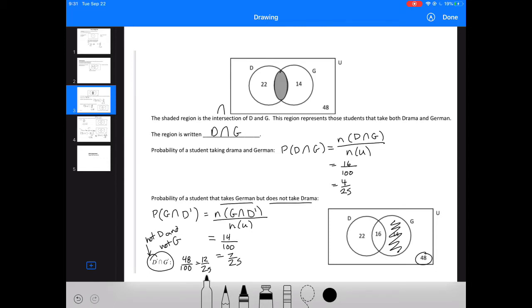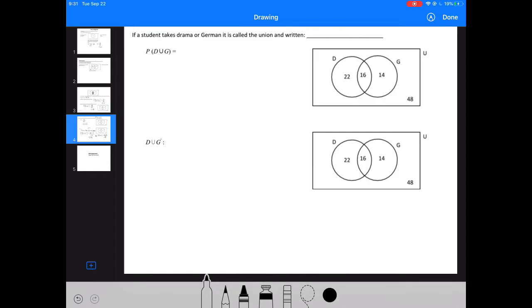We're going to keep going and look at some other situations that you can calculate the probability for in this Venn diagram. The opposite of the intersection is the union, and we write that with a U symbol, kind of.